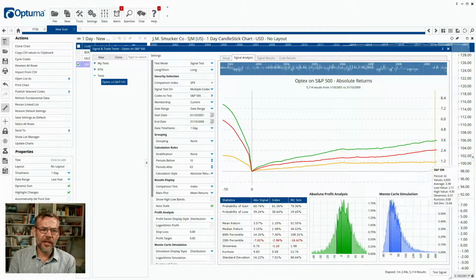So the yellow line here is the actual returns in the index. Every time we get a signal, on whatever date it is, we measure that security. And then we also take a measurement of the comparison index, in this case the S&P 500, and we say, okay, what are its returns like compared to our signal?